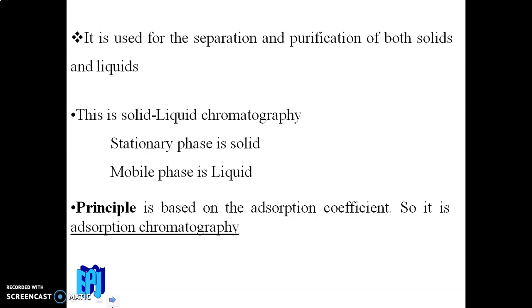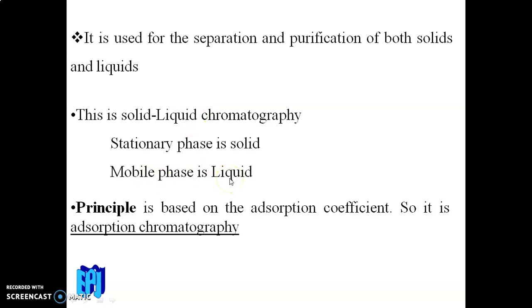First of all, whatever the chromatographic technique, the first point should be its main application: it is used for separation, purification and identification of both solids and liquids. The second point about column chromatography is that this is a solid-liquid chromatography, which means the stationary phase is a solid, a non-movable, stable component, and the liquid is the mobile phase.